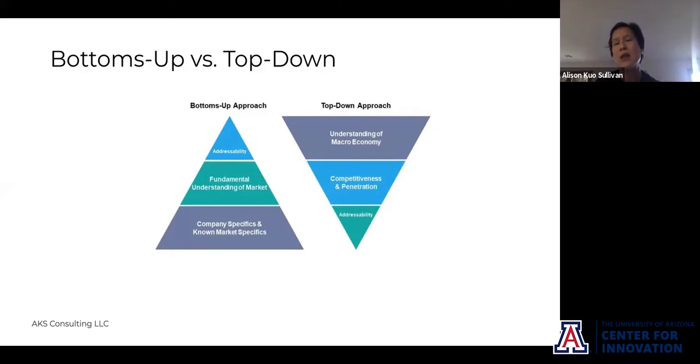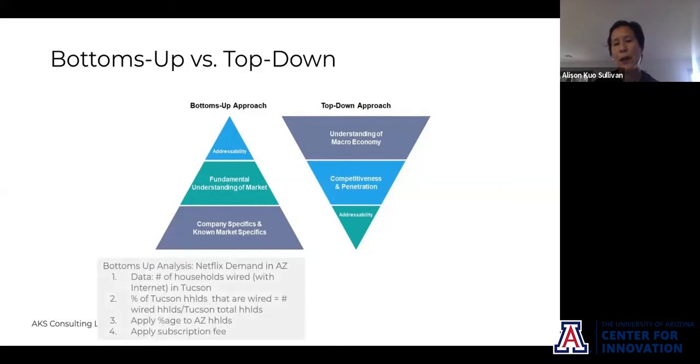Top down tends to be the easiest to do. It also is less accurate than a bottoms up approach, because with bottoms up you require a bit more granular data. You're doing a bit more calculation and testing of calculations before you figure out how much of that market you're achieving.